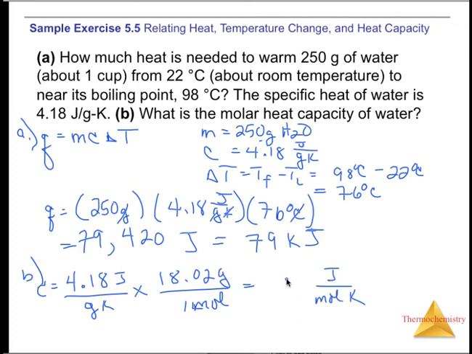So 4.18 times 18.02, if I looked at my calculator right, 75.32 joules per mole Kelvin.